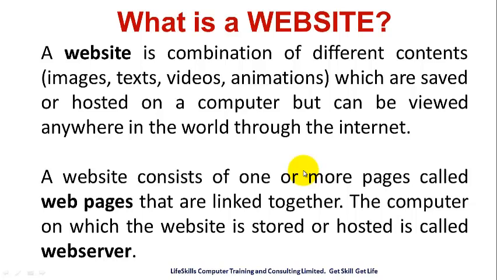In PowerPoint, you are dealing with a presentation, and a presentation consists of two or more slides. But a website consists of one or more pages, which are referred to as web pages. And the difference here is that in a website, you find means of linking your web pages together.